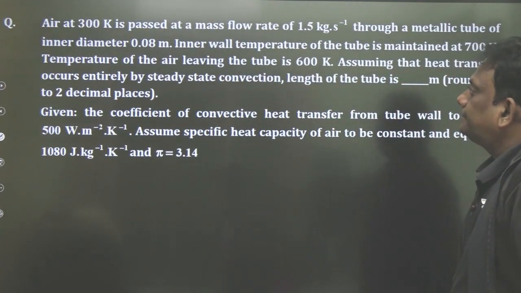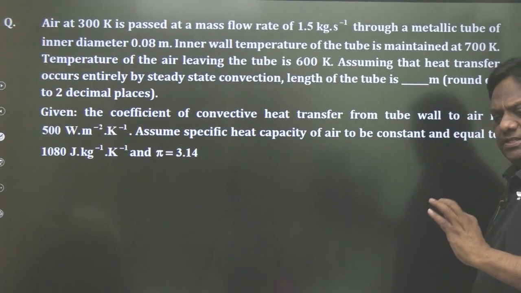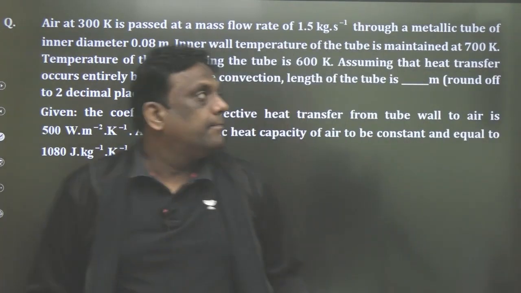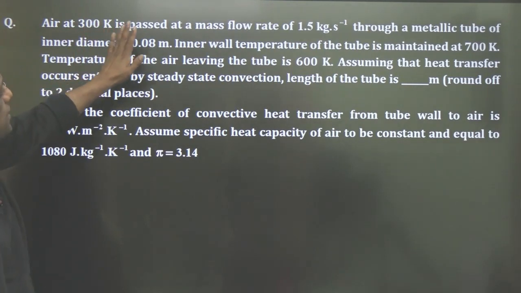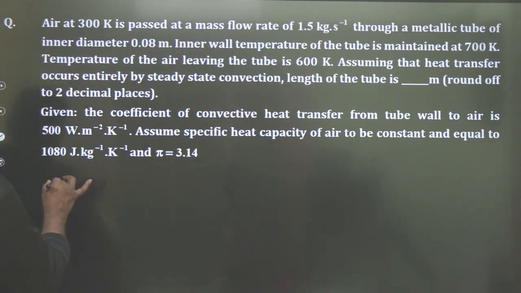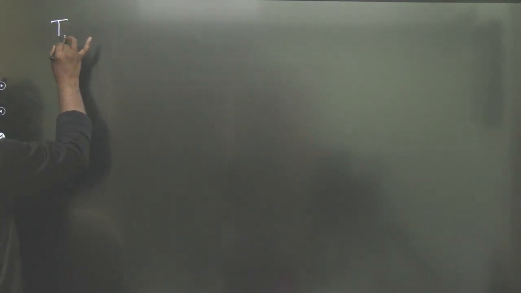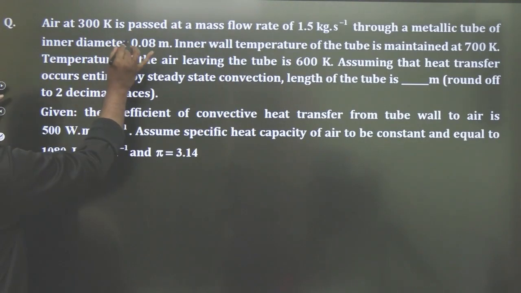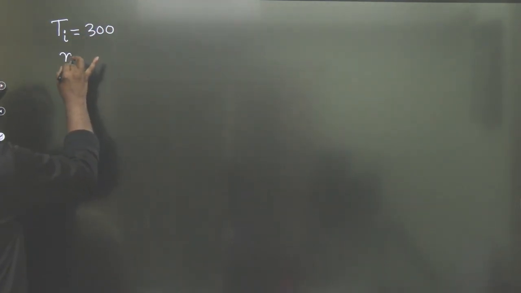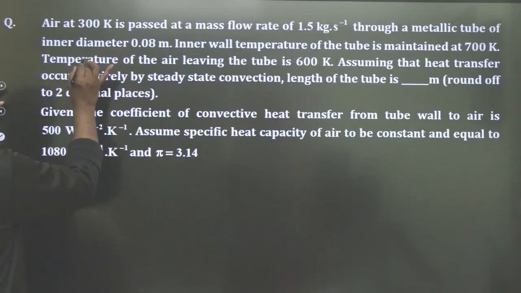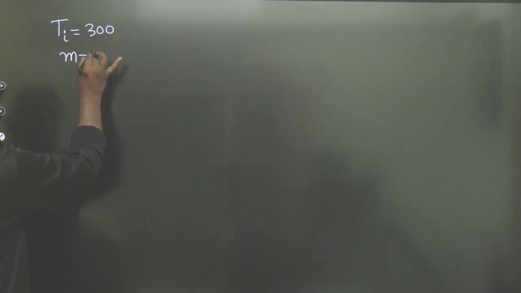Read this question. Relax, no tension, sir. Let's do it very neatly. Air at 300 Kelvin is passed at a mass flow rate of, what is the mass flow rate? The inlet temperature of air is 300, and the mass flow rate of air is 1.5 kg per second.